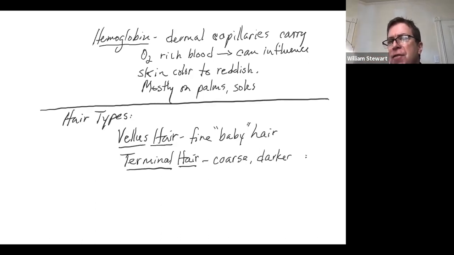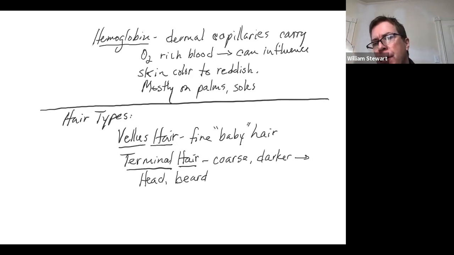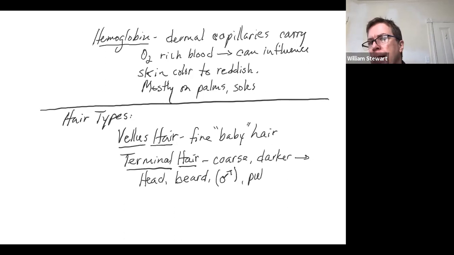And where we tend to find terminal hair is on top of the head, where you and I grow our hair and get it cut. In males, in the beard, facial hair in males. I'll put that in parentheses. Pubic hair in the groin region and the axillary region of the armpit. We call this type of hair terminal hair.